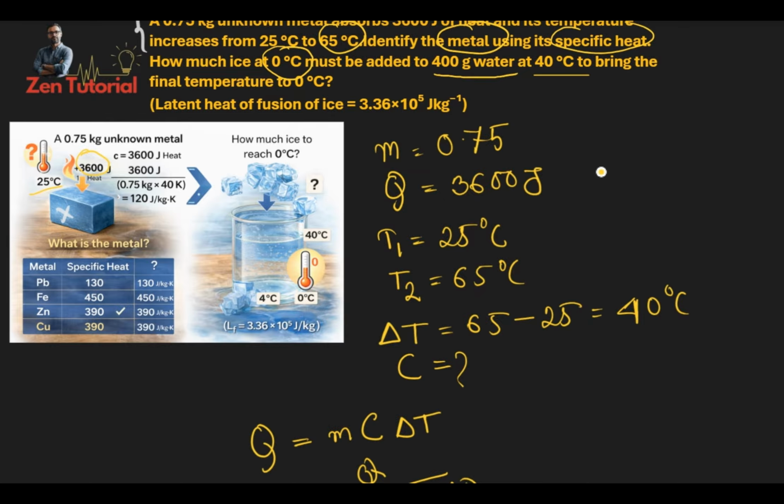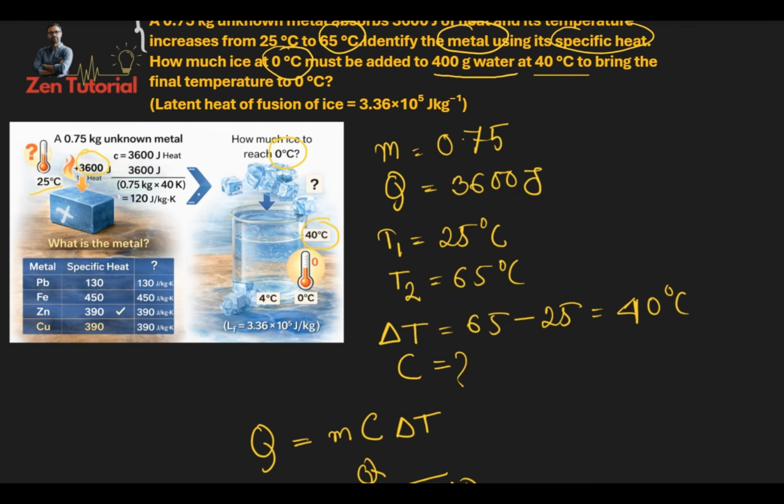In this container, or cup or vessel, the temperature of water is 40 degrees Celsius. Within this water vessel we have to add ice, and obviously the temperature of ice is 0 degrees Celsius.